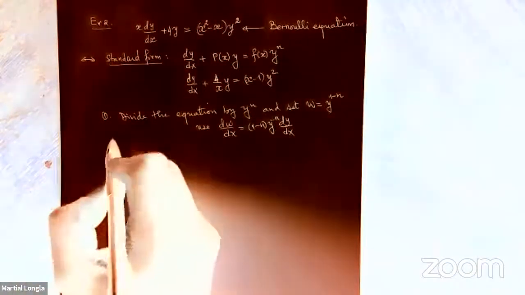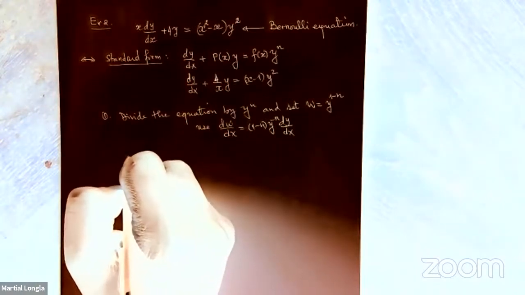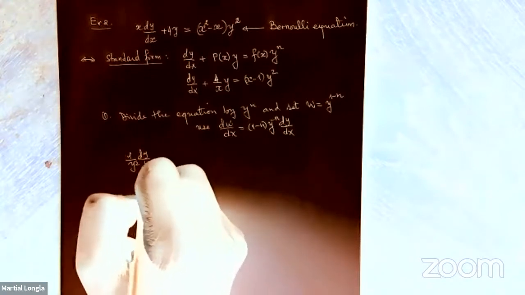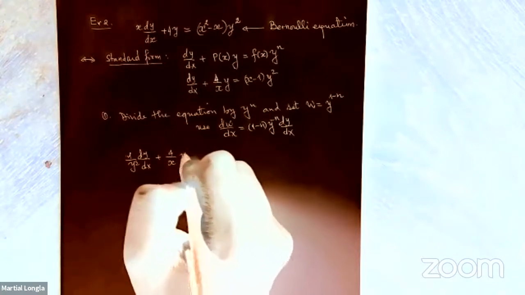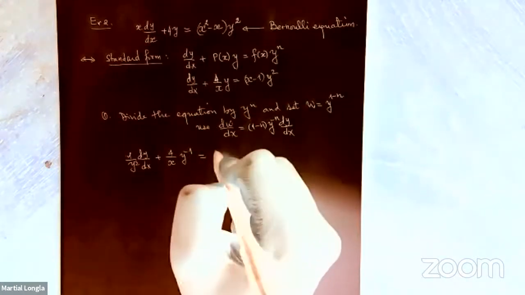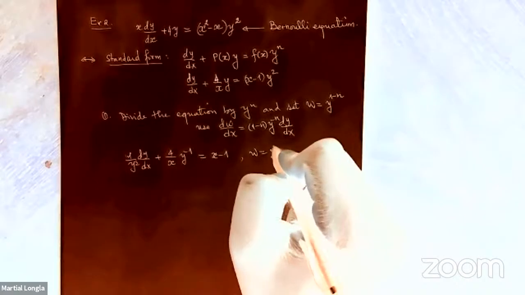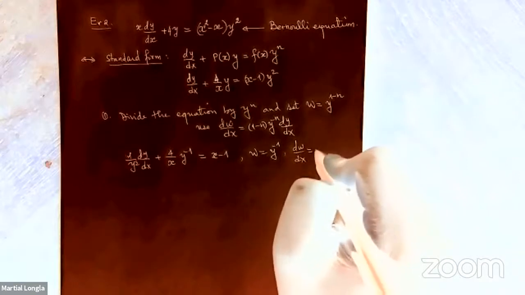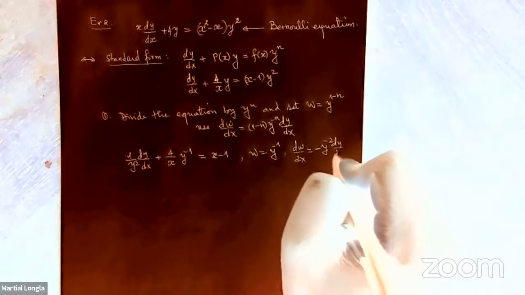So in this case, that's going to be 1 over y squared dy over dx plus 4 over x y to the minus 1 equals x minus 1. W equals y to the minus 1, dw over dx equals minus y to the minus 2 dy over dx.